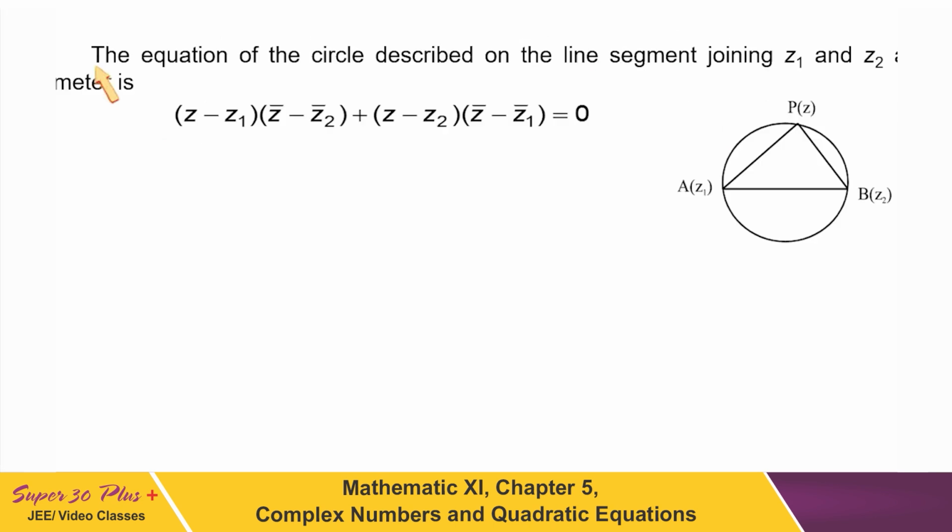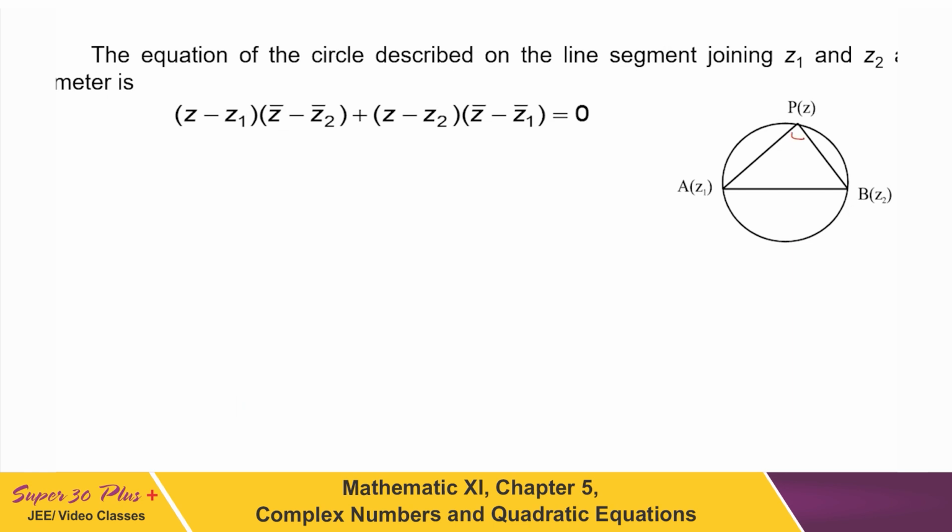Students, point number C is here. The equation of a circle described on the line segment joining Z1 and Z2 as a diameter is (z minus z1)(z bar minus z2 bar) plus (z minus z2)(z bar minus z1 bar) is equal to 0. Now this angle is 90 degrees.